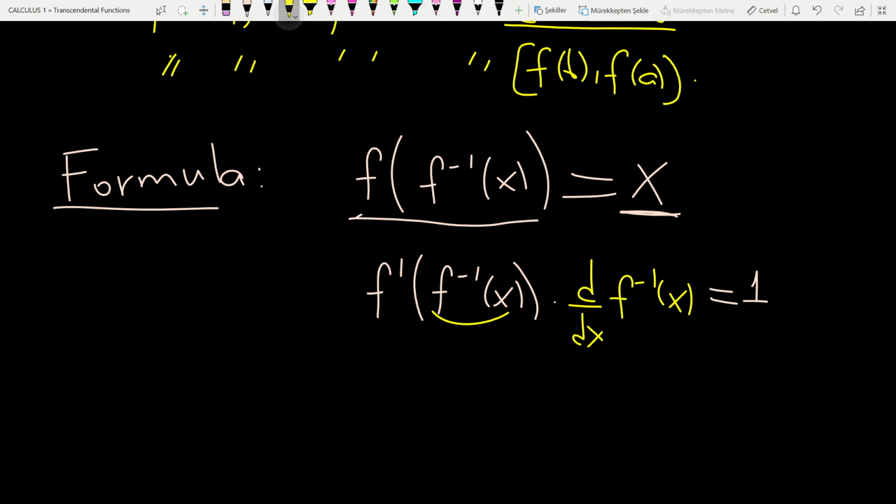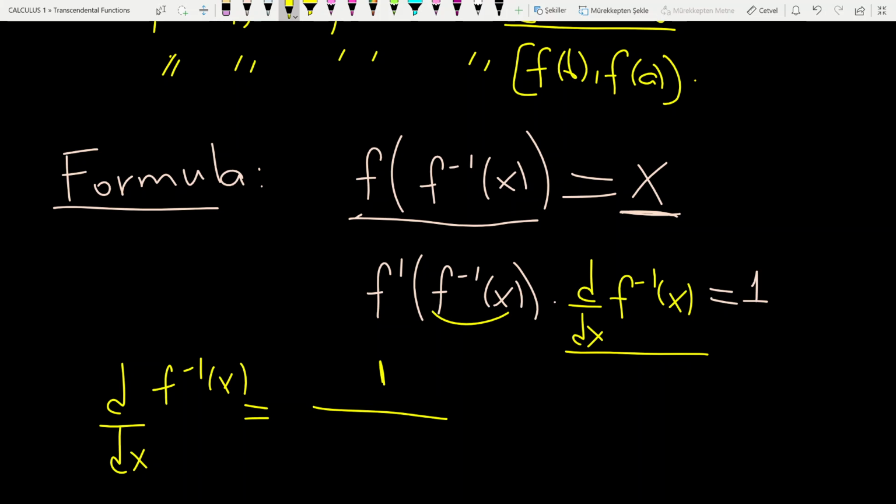Now the aim here is to solve for the derivative of the inverse function. So the derivative of f inverse of x with respect to x is equal to 1 over this whole expression, f prime of f inverse of x. Okay, it is the formula for the derivative of an inverse function.